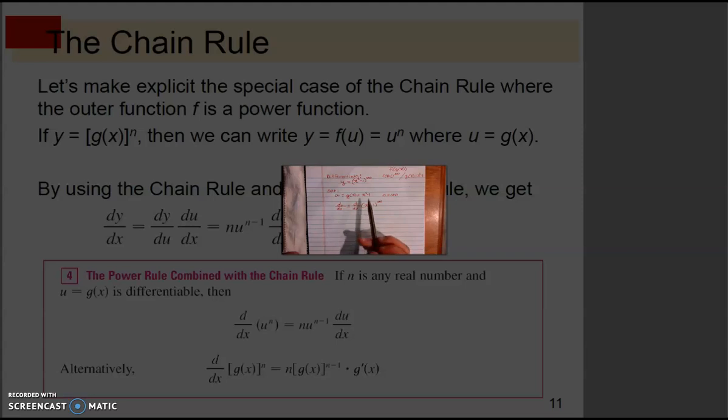Now there's another way we're going to do this, using dy dx and d dx. If we set u to be what g is here, g is this entire piece, and n represents the value of 100. We're going to go ahead and solve this.